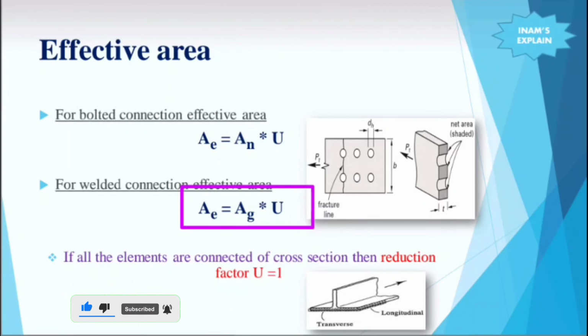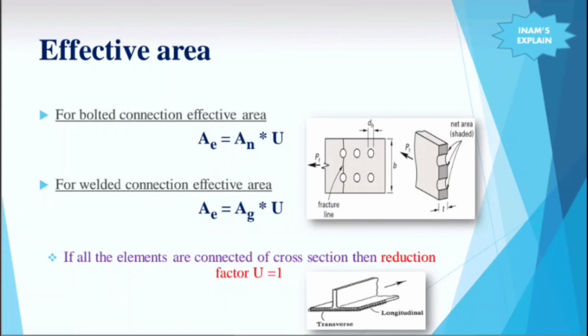In case of welding, we do not use the net area. If all the elements of the cross section are connected, then we will use the reduction factor U equal to 1. Why? Because shear lag does not occur when all the cross section is connected with another member. Remember, this is the main point of the effective area.